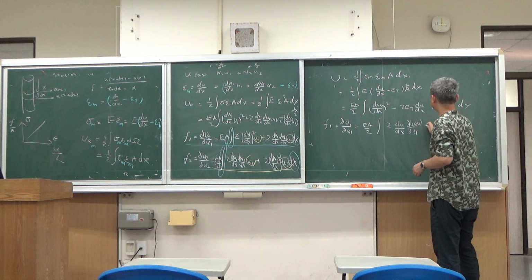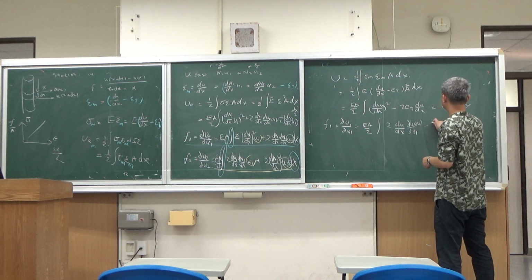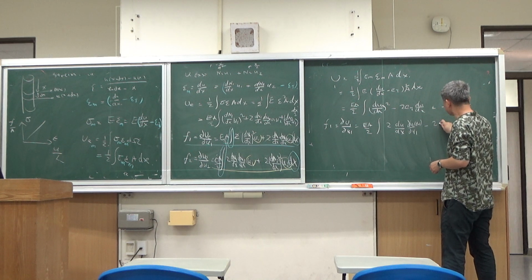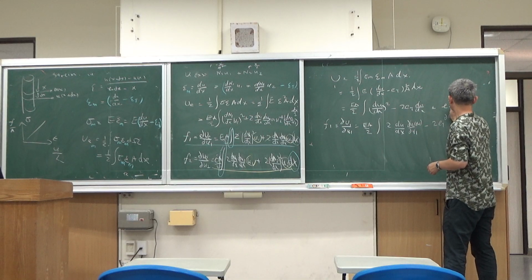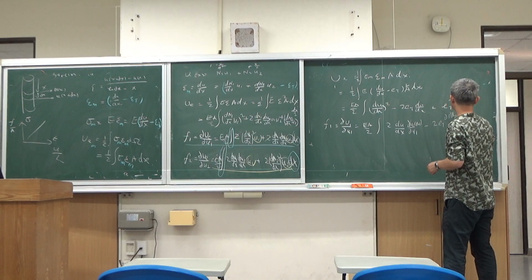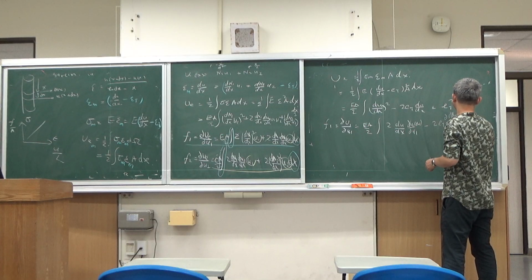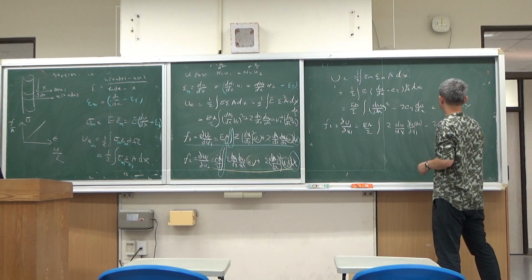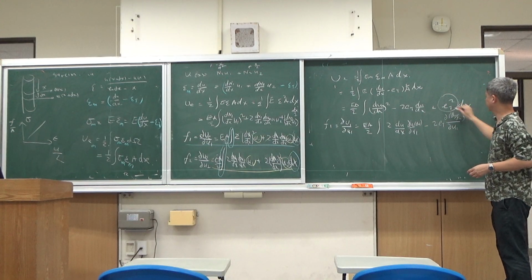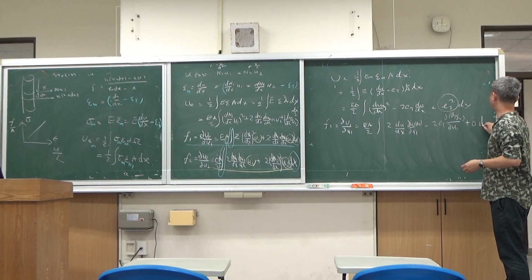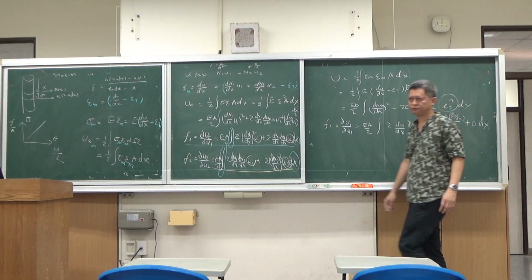Likewise, this one is minus 2 times the thermal strain times del du dx over del U1. And the final term, because this is a constant, is 0.